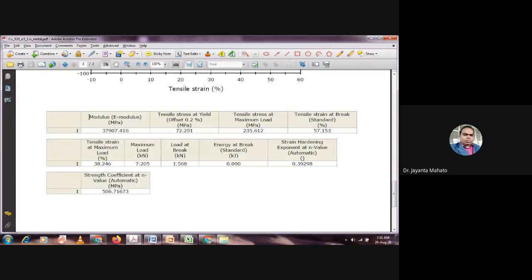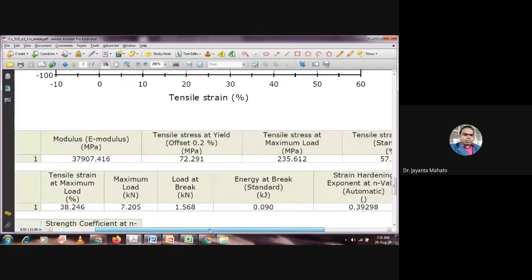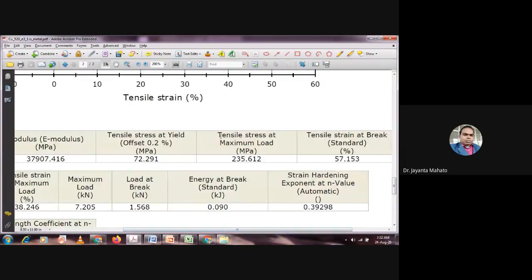From this tensile test, you can directly get the tensile properties. What properties will you get? Just see here. First, the E modulus. Then tensile stress at yield, meaning the 0.2% offset yield stress. I will explain one by one how you calculate the yield stress and the E modulus. Then tensile stress means the maximum tensile stress.